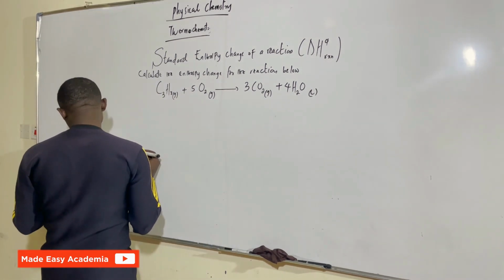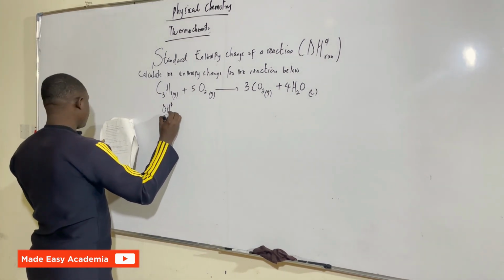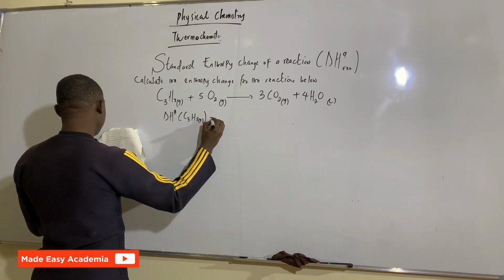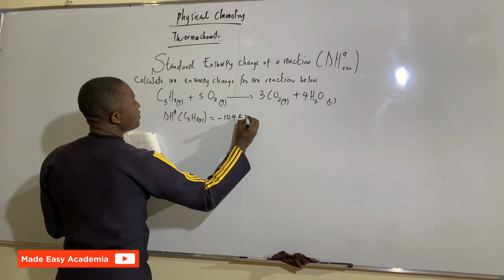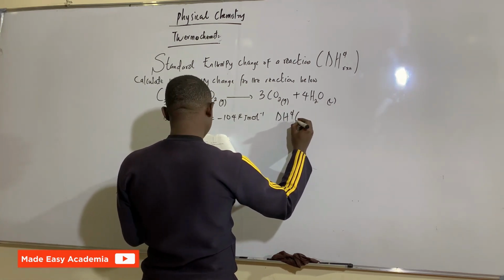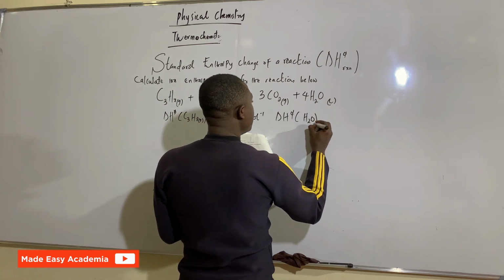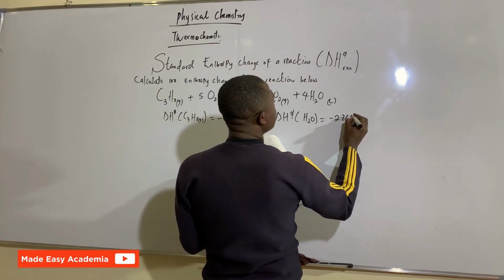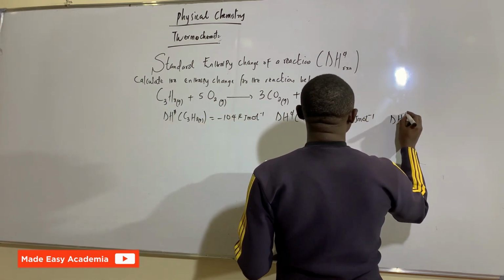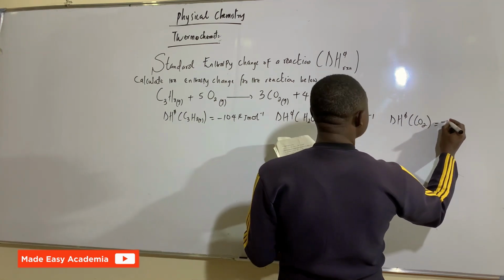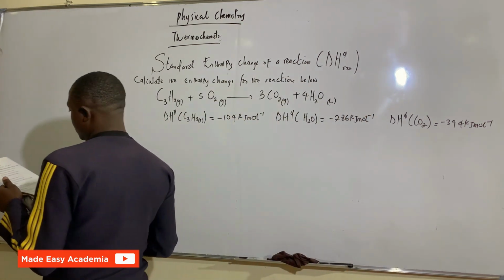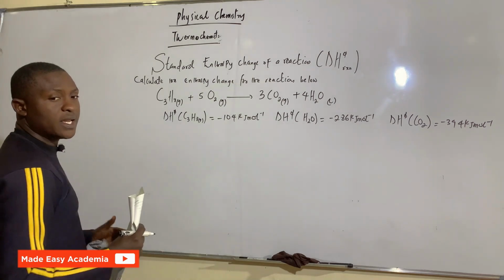Also given are the enthalpies of formation: for C3H8, minus 104 kilojoule per mole; for water, minus 286 kilojoule per mole; and for CO2, carbon dioxide, minus 394 kilojoule per mole. So we have to find the standard enthalpy change.